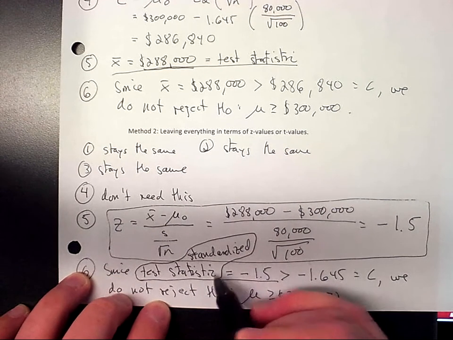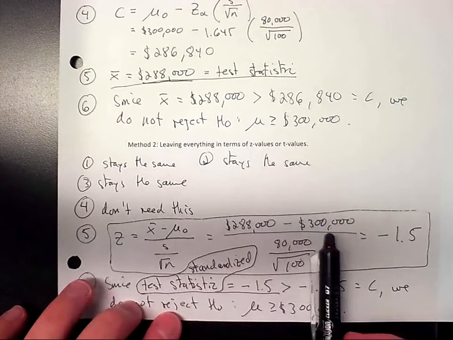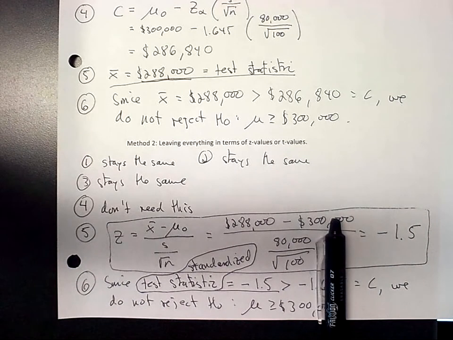So once we convert it to a z-value or to a t-value, we're saying that we're standardizing our test statistic. So this is the technically 100% correct way of calling the z-value of negative 1.5.